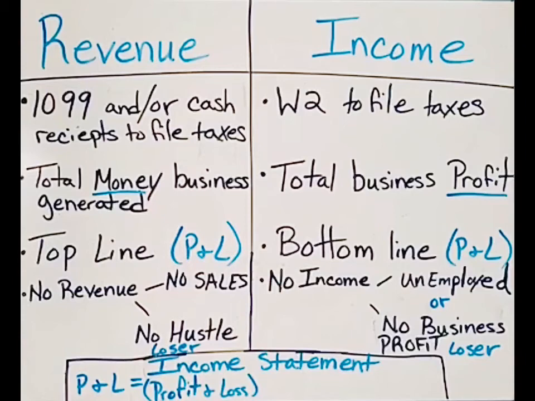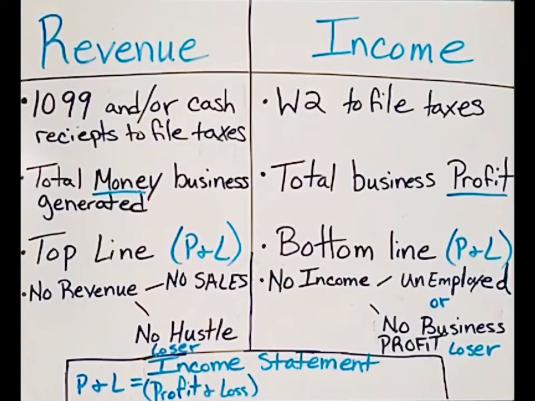Revenue is top line because on the profit and loss statement, revenue is literally the top of the line. The amount of revenue will be listed at the top line of a profit and loss statement. Also, a profit and loss statement is also known as an income statement. So either title would be the same thing.